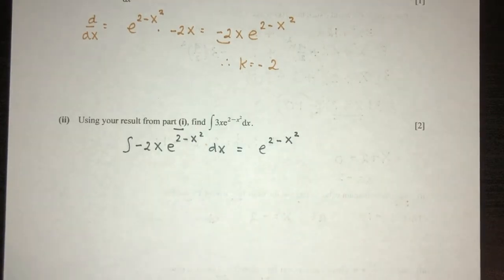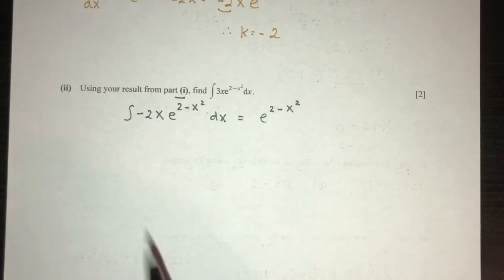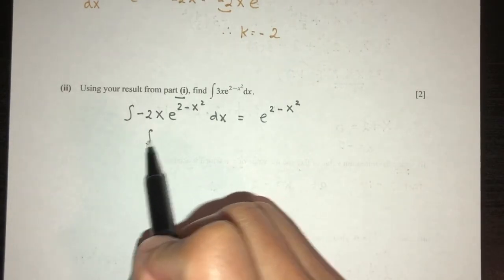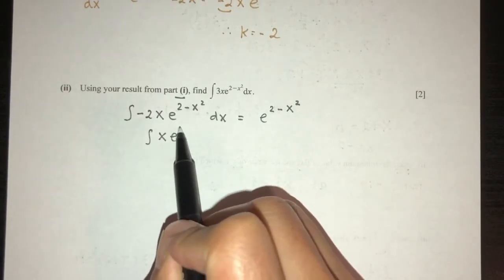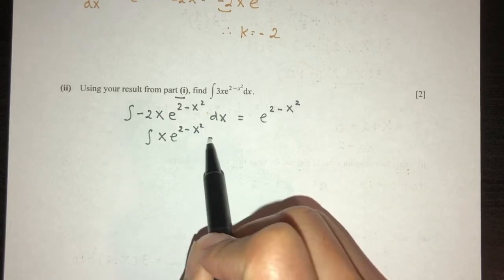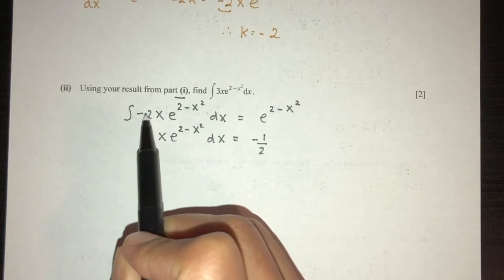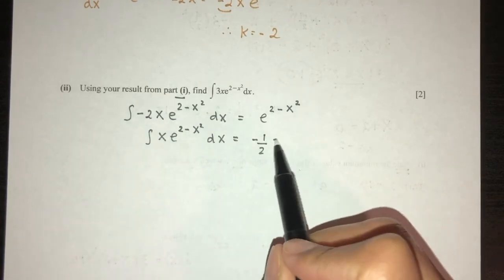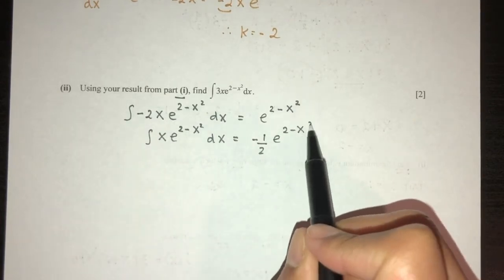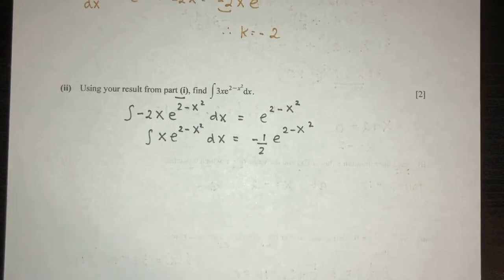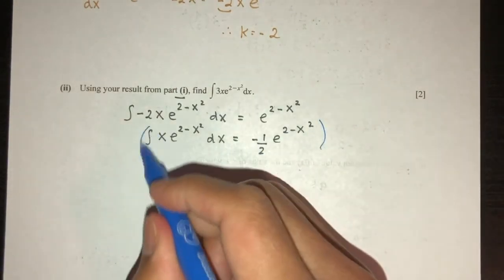That's what we derive from part 1. But we can also write this as the integration of x exponential 2 minus x squared giving you minus half exponential 2 minus x squared, because the minus 2 goes over to become half. So using that result from part 1, find this one.